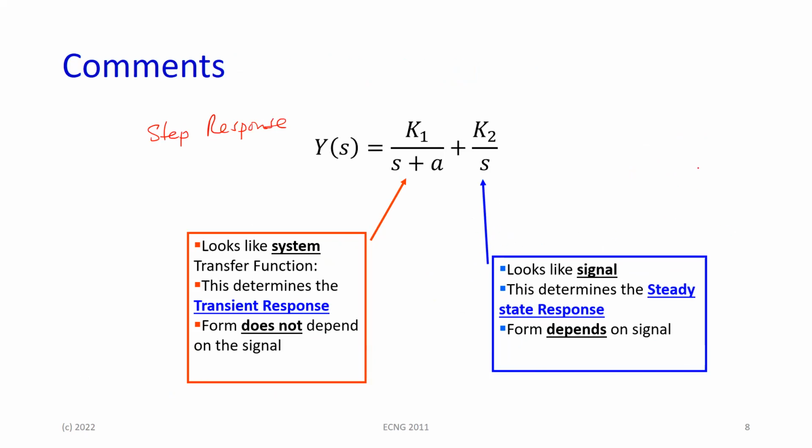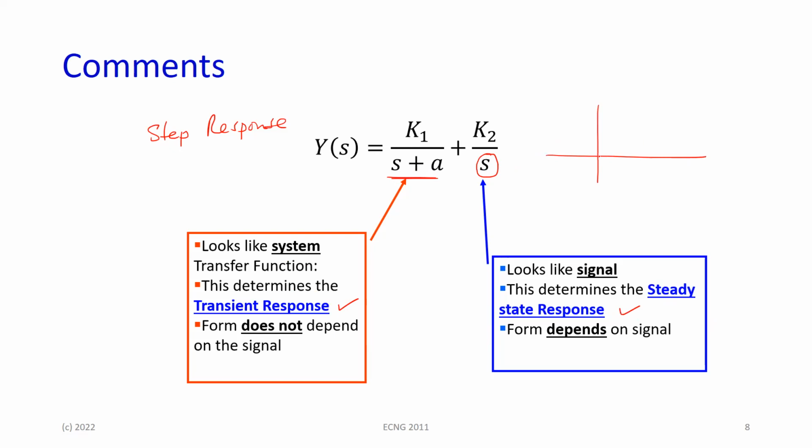Remember, the system transfer function is something over s plus a. This now determines a transient response. And then there's another part that looks like the signal. Remember, it's a step response, so there's a something over s. This looks like the signal. This determines a steady state response.